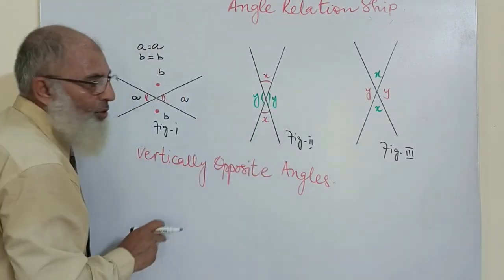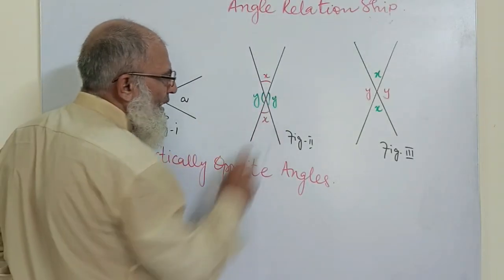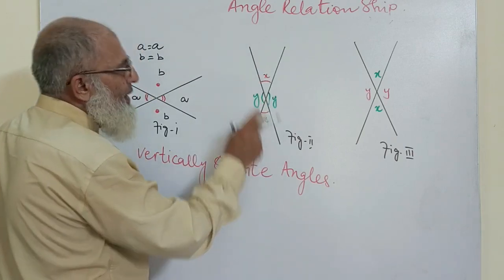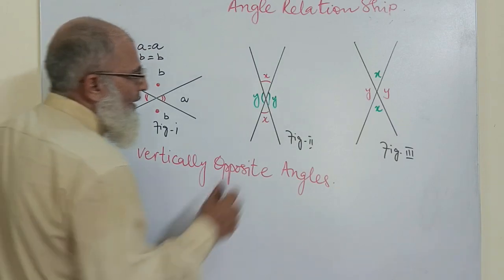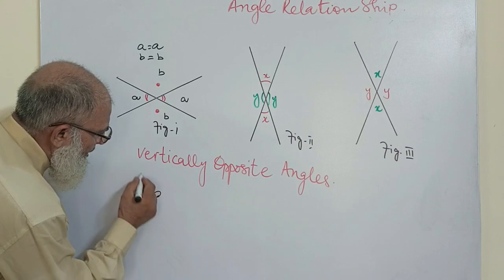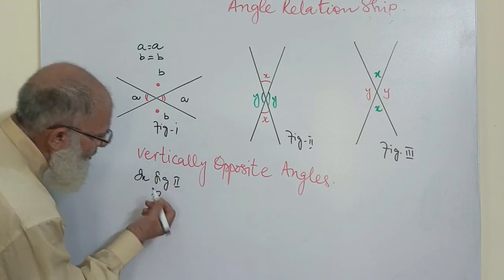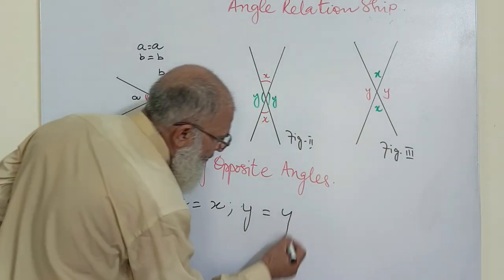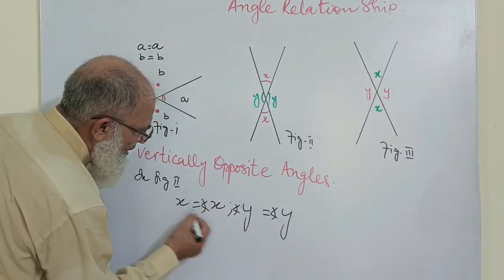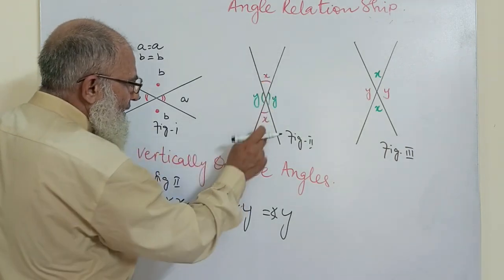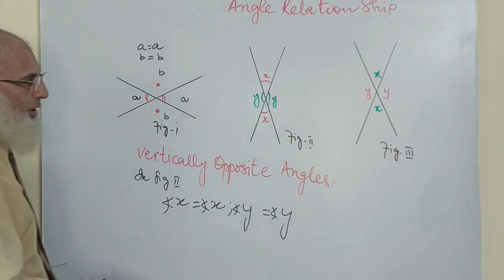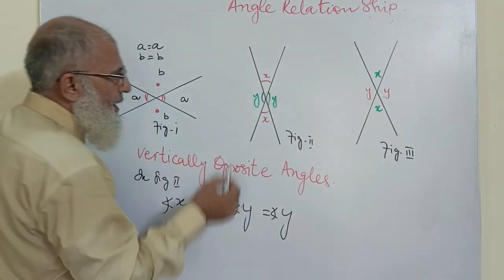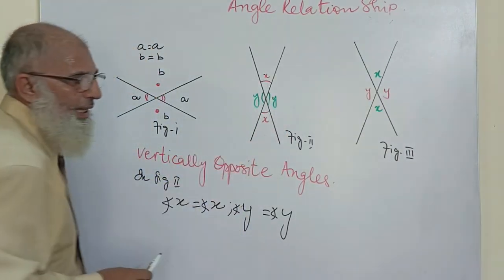Now here angles X and Y are marked, like here A and B. Therefore, angle X is equal to angle X because these are vertically opposite, and Y is also equal to angle Y. In figure 2, angle X is equal to angle X and angle Y is equal to angle Y, because the two lines are intersecting at one point and they have formed two pairs of angles which are vertically opposite, and vertically opposite angles are always equal.